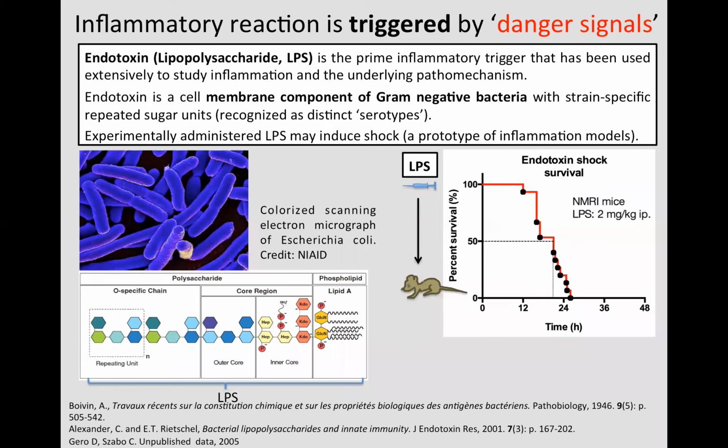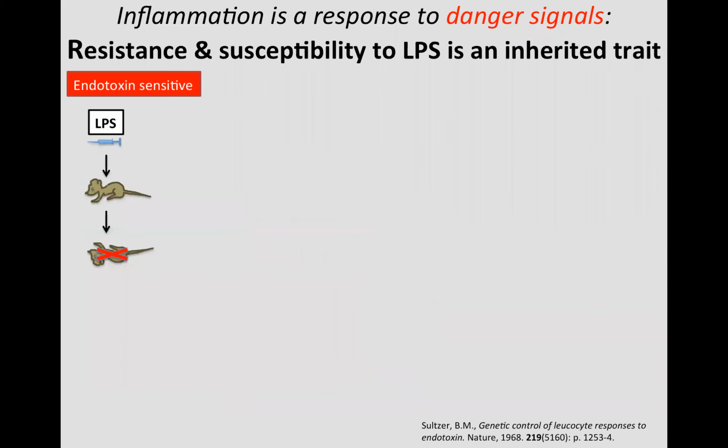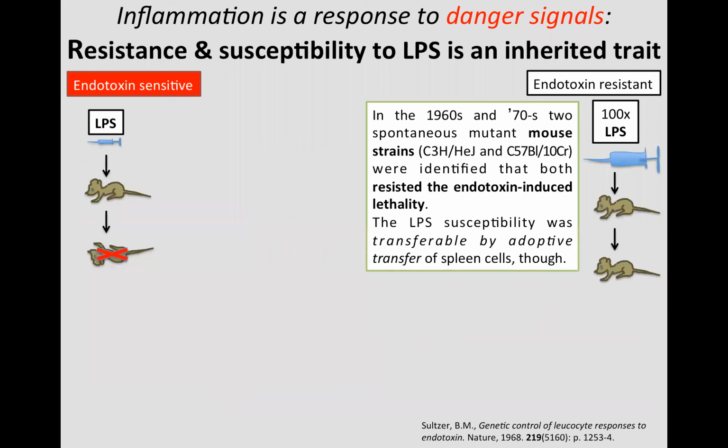They are very toxic. That's the reason why they were called endotoxins. In reality, this doesn't really mean a toxin, because later on it was discovered that the response to LPS is an inherited trait.